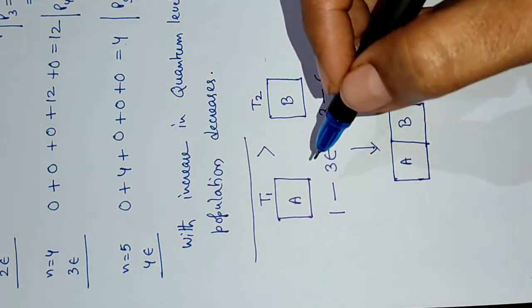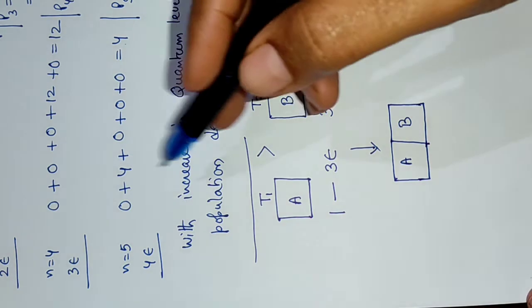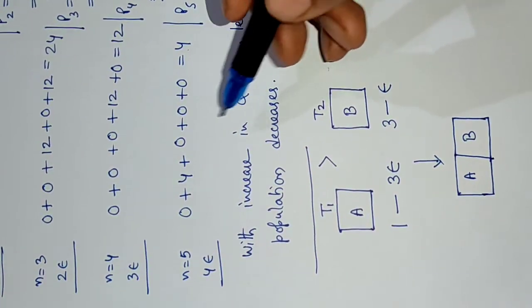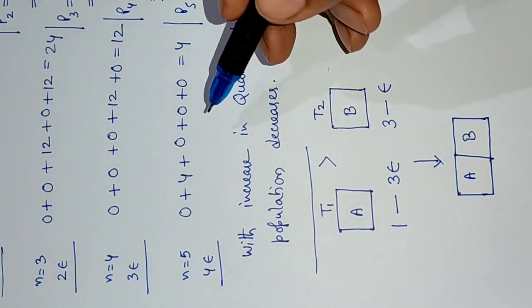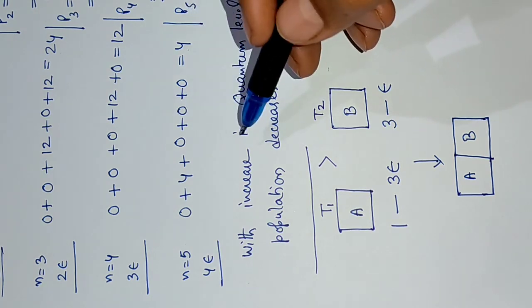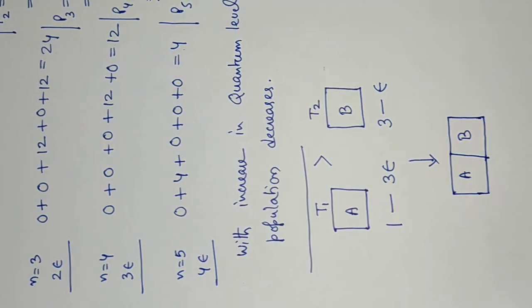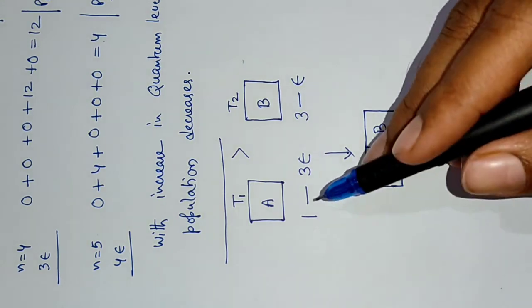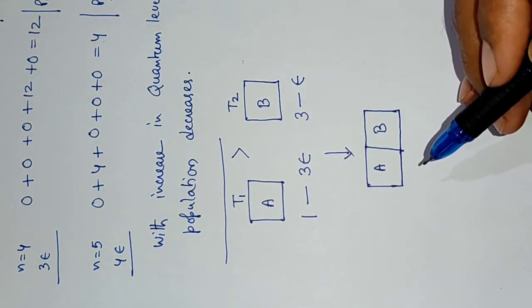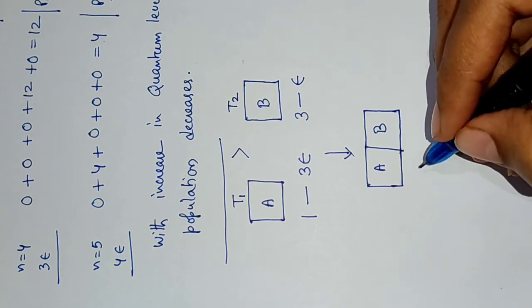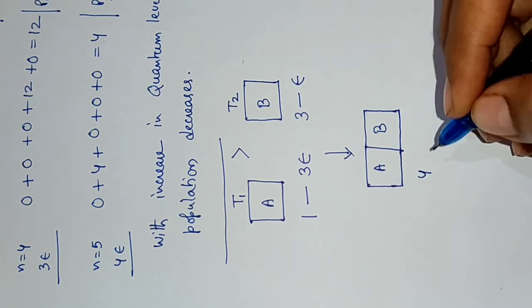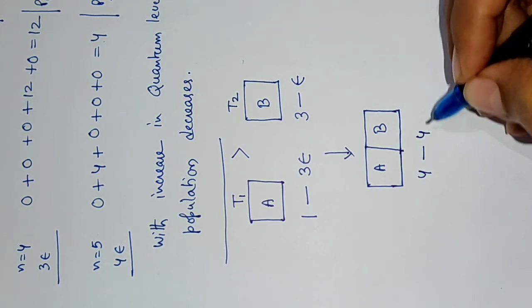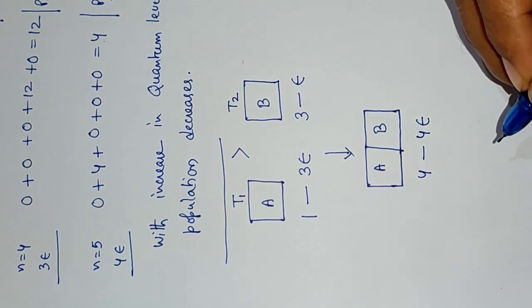You have to prove using these analyses, this thermodynamic probability, number of macrostates, number of microstates, possible distribution. You have to predict that heat flows from hot body to cold body. So you have to take this combined system, and in this combined system you have 4 particles having total energy 4 epsilon.